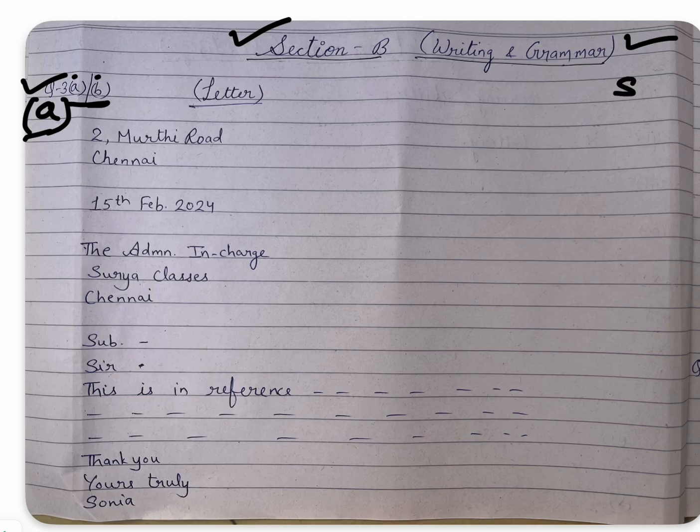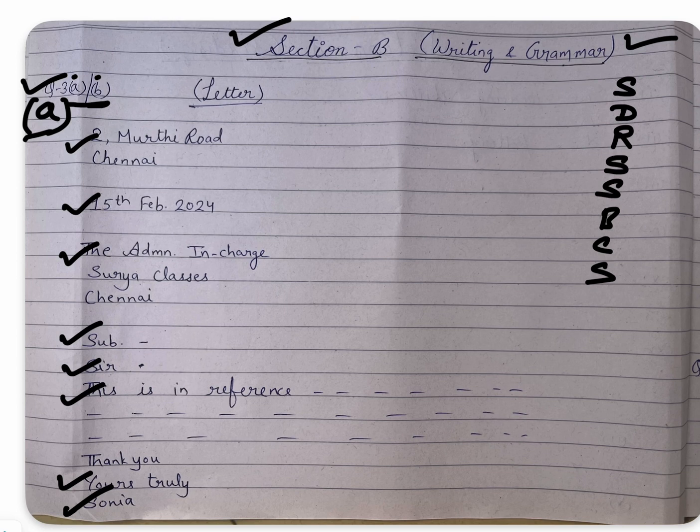Now this is the sequence that you need to remember: SDR, SSB, CS. Don't leave any of these points. So this is S, D, R, S, S, B, C, S. I have mentioned all these, and you can see the entire letter is starting from the left hand side.